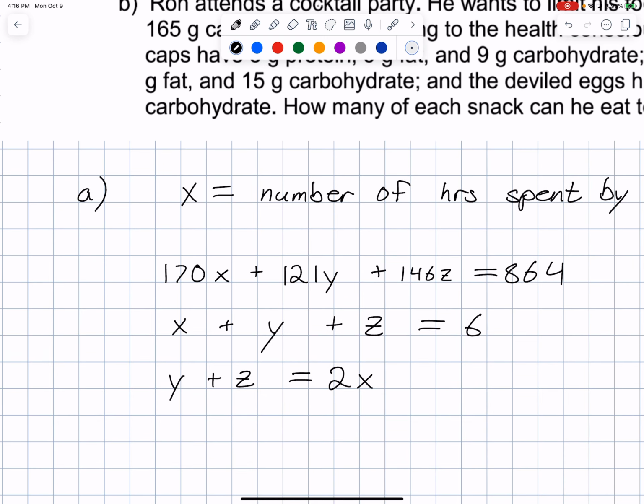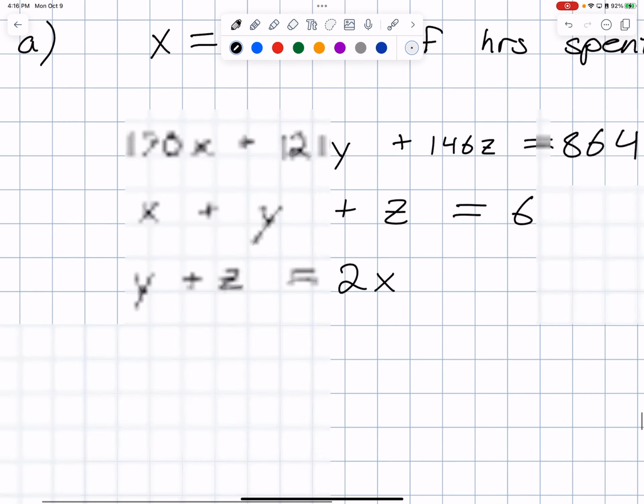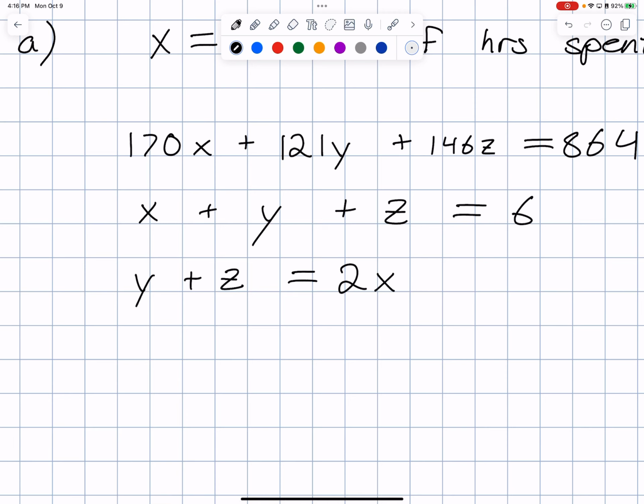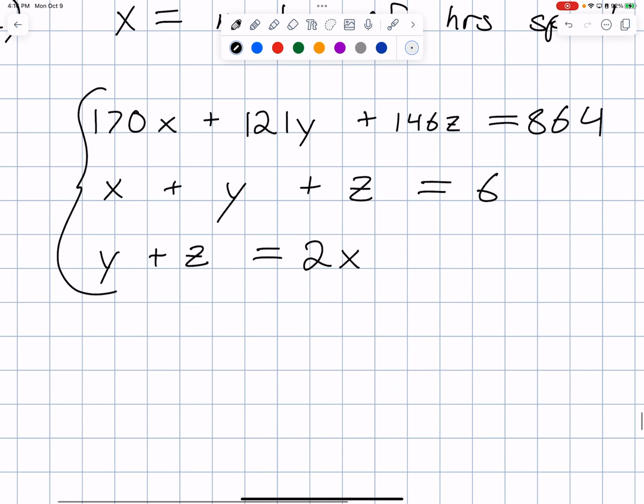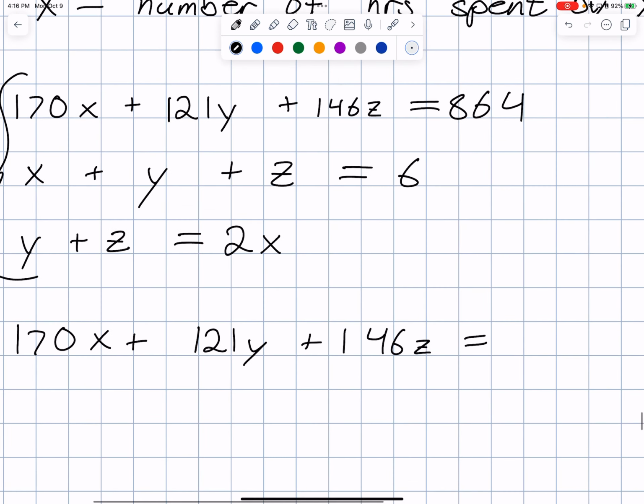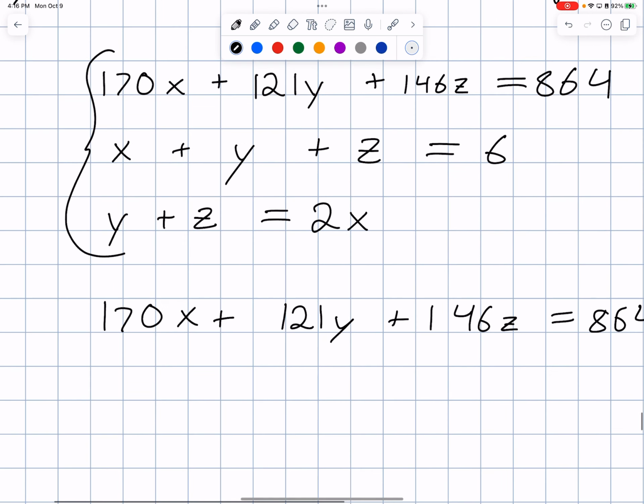This is nearly a matrix already. The only thing I have to do is rearrange that last equation. So these three are my system. The first two will stay the same. 170X, 121Y, 146Z equals 864. X plus Y plus Z equals 6, same.